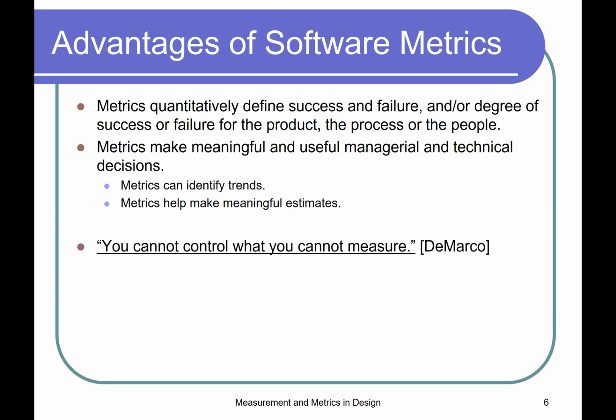Now, once I have those numbers, I can make some meaningful decisions with them. So I can look at those numbers and identify trends, the way the software is heading. Similarly, as people do in marketing, they look at their numbers and see where the market is going. And with it, I can then make decisions to affect those trends or capitalize on those trends.